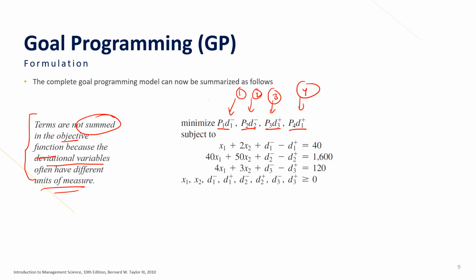For example, this one is in labor hours, this one is in US dollars because it's the profit, this one is in pounds of materials, and this one is in labor hours as well because it's the overtime.